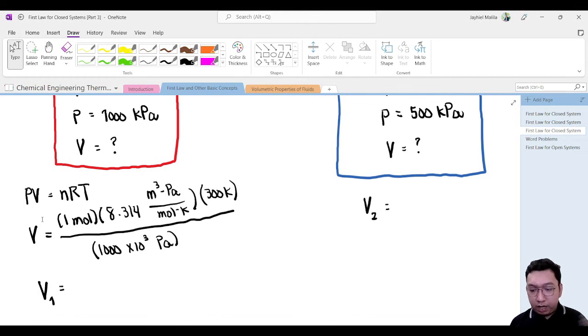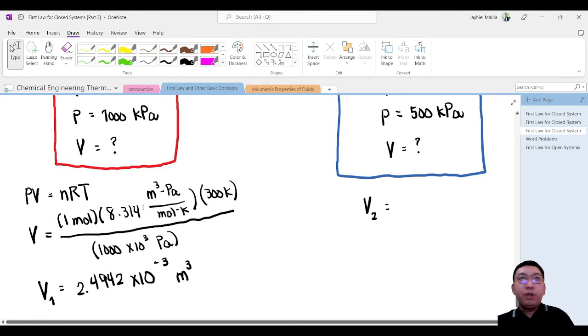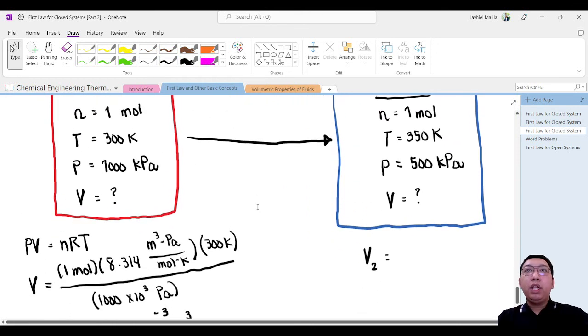So you have, okay, 2.4942 times 10 to the power of negative 3. This is meter cube.